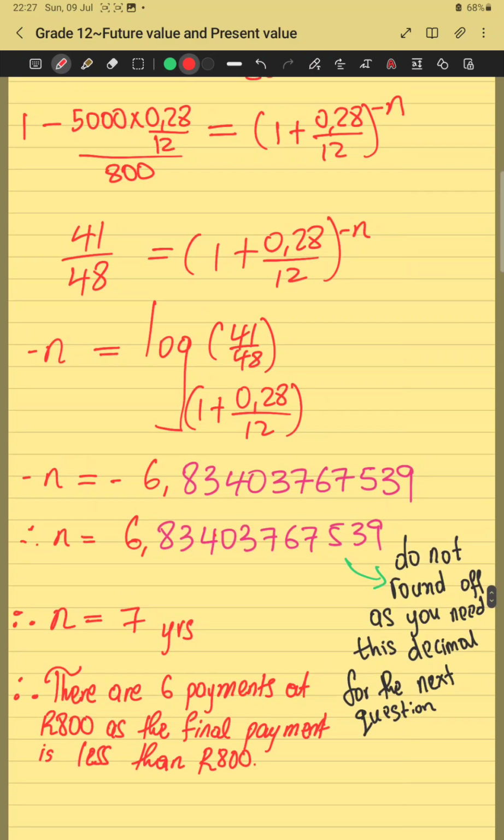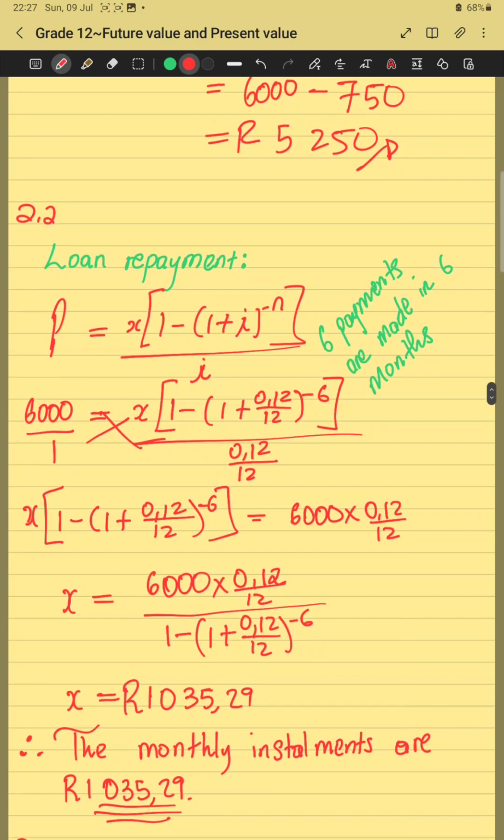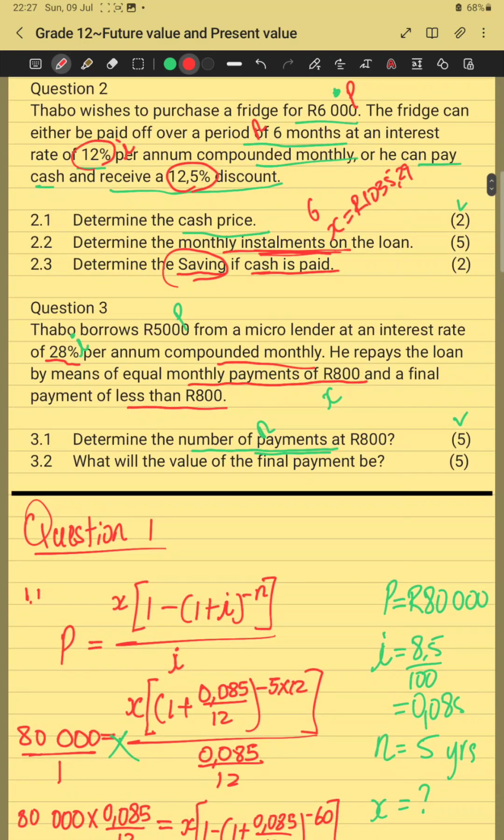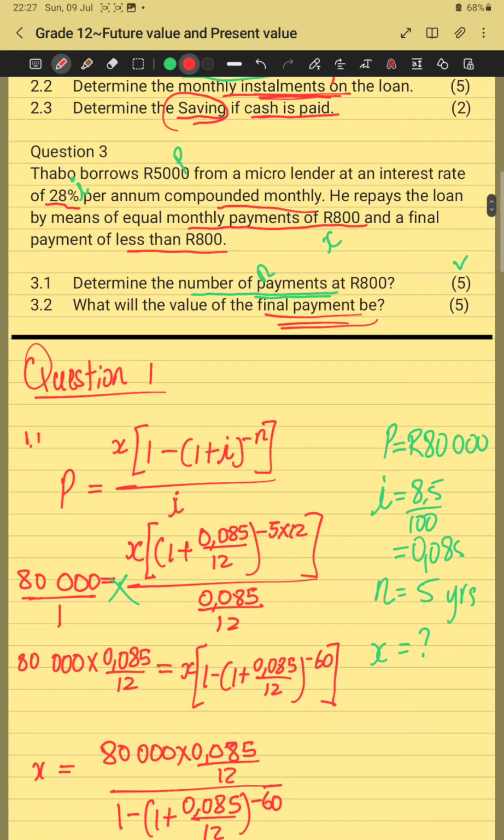Now let's hear the next question. What is it that they want us to calculate then? Now they say, what will the value of the final payment be? Right. Now in this question, let me say this first.